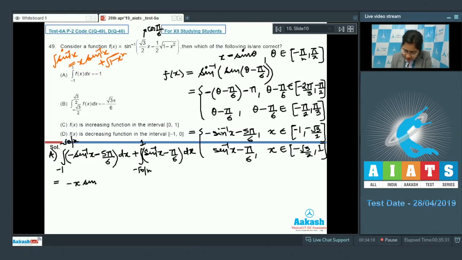minus of (x into sine inverse x plus under root 1 minus x square) from minus 1 to minus root 3 by 2.